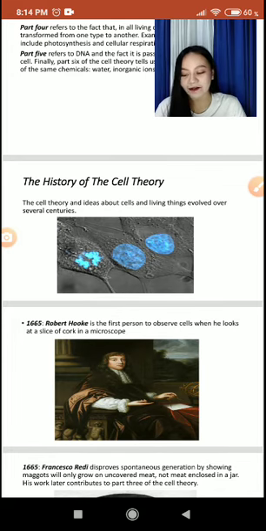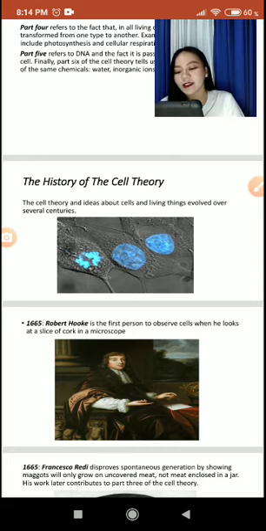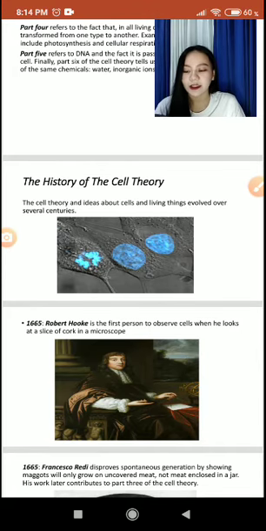In 1668, Francesco Redi disproved spontaneous generation by showing maggots will only grow on uncovered meat, not meat enclosed in a jar. His work later contributes to part 3 of the cell theory.